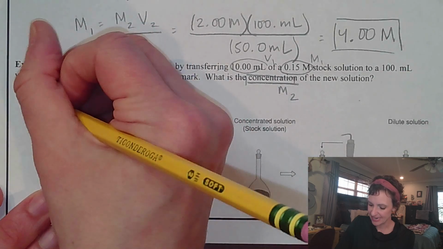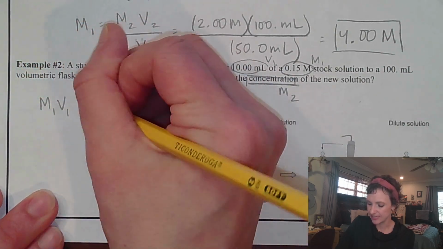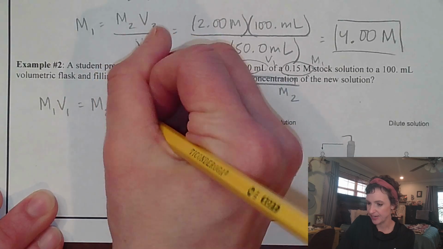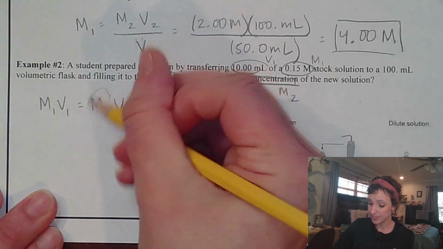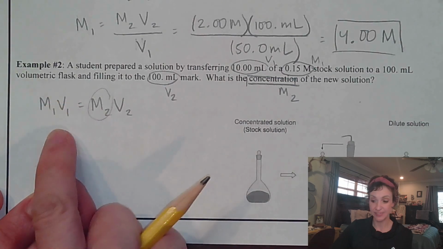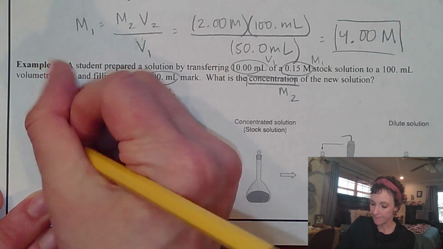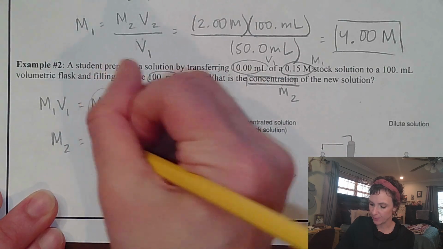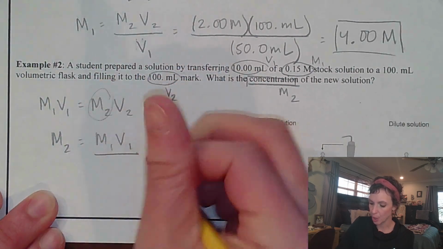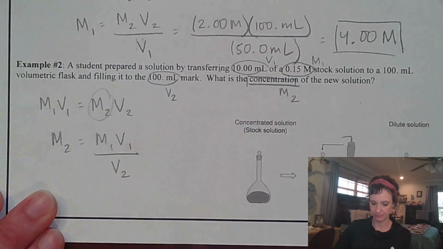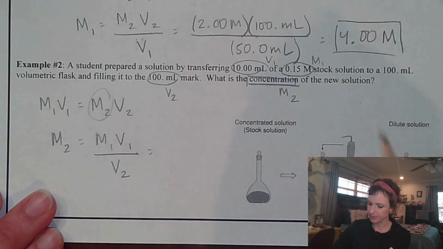My equation is M1 times V1 is equal to M2 times V2. Now I'm solving for M2, which means I divide both sides by V2. So M2 is equal to M1 times V1 over V2. Yes? Okay, so I have everything that I need to plug in and solve.